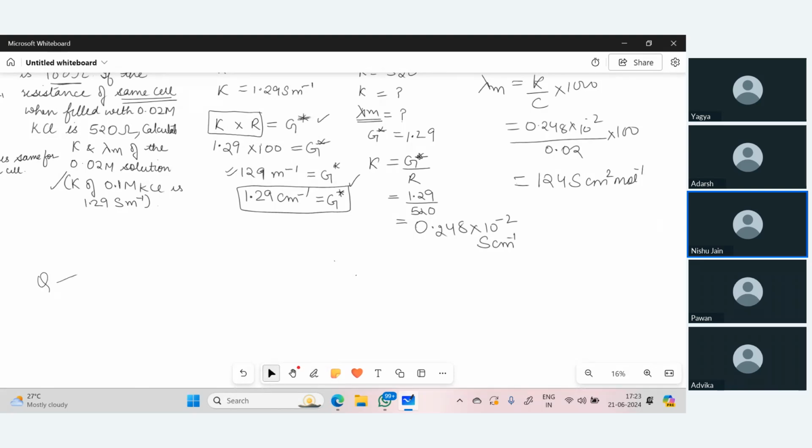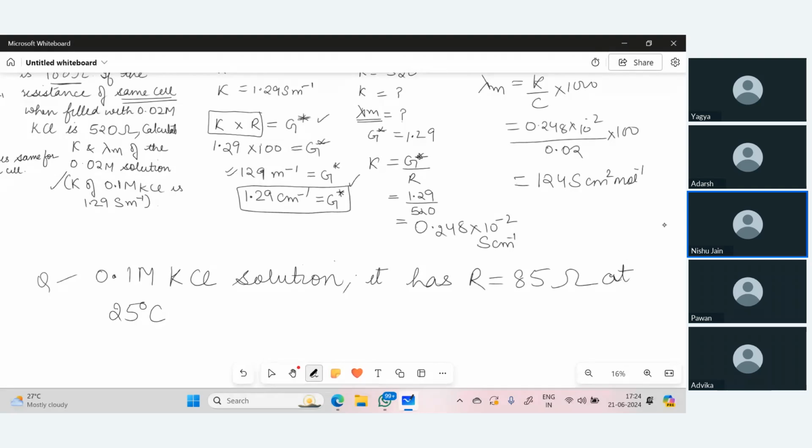Write down the question. When a cell is filled with 0.1 molar KCl solution, it has resistance 85 ohms at 25 degrees Celsius.